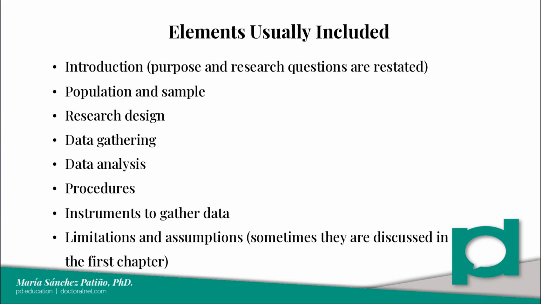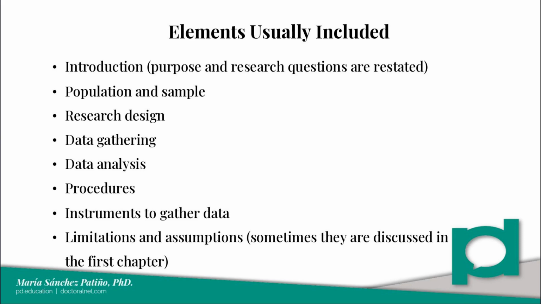Now, let's see the elements that you should usually include in this chapter. And these elements that are in the slide are the most common headings that you can find in the methodology chapter.